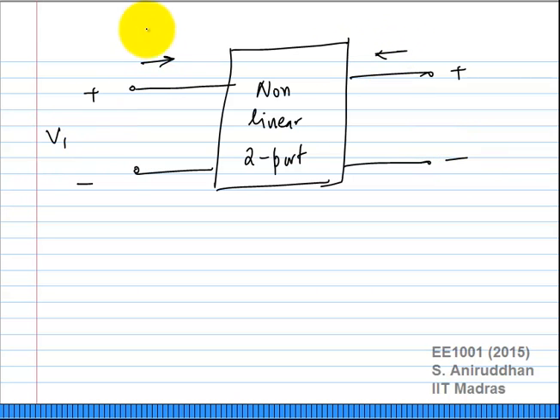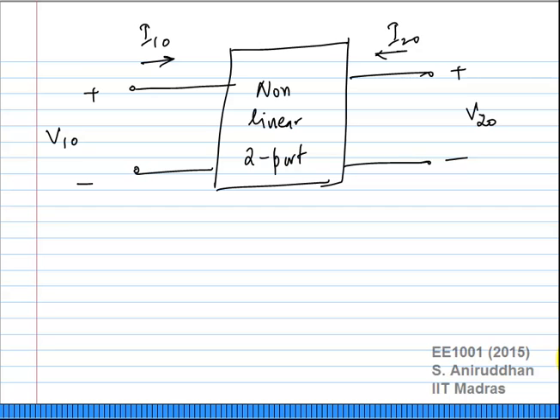So V1, I1, V2, I2 are the two-port voltages and currents. Suppose you have found out, using your nonlinear relationships, the operating point of the nonlinear two-port. What do I mean by the operating point? I have found out that these values are actually V10, I10, V20, I20.